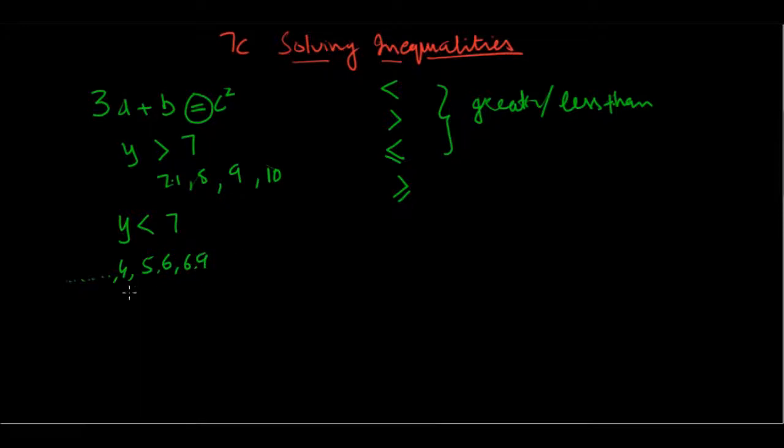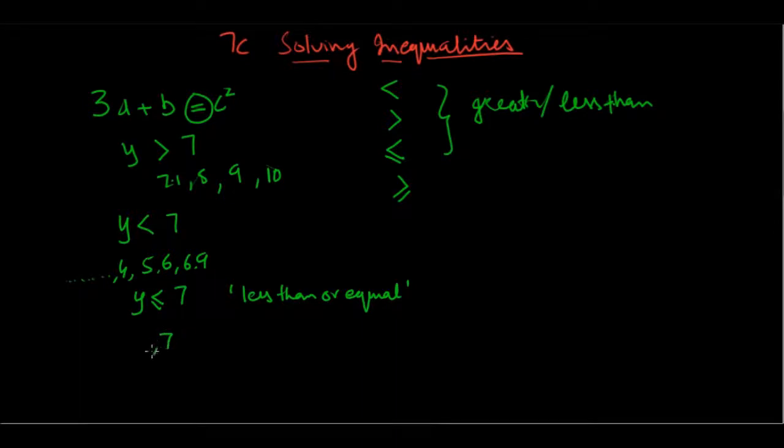Okay, now what if I put this bar underneath the sign? So here this is read as y less than or equal to 7. So less than or equal. Okay, in this case y can be 7 also.